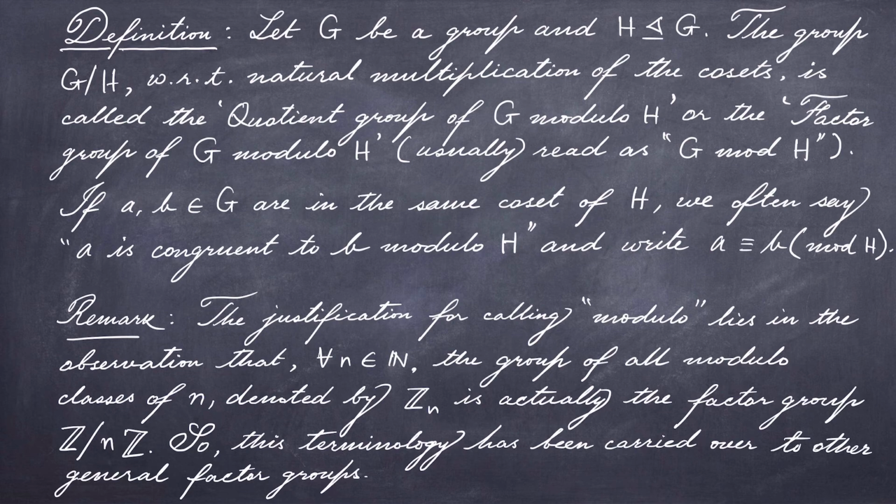I have made my point clear: the term modulo is associated with Zn, and Zn is observed to be exactly this quotient group. So now we carry over the terminology we usually use for Zn to any general factor group.